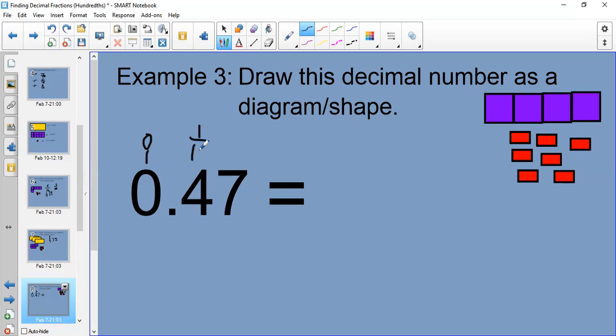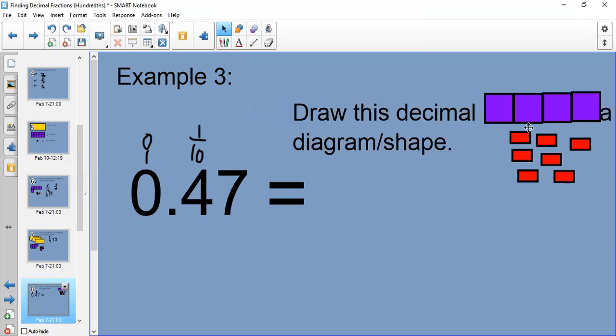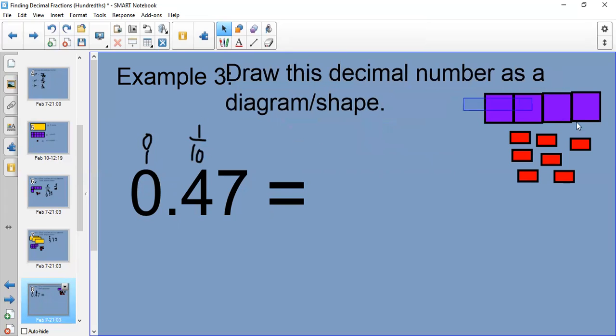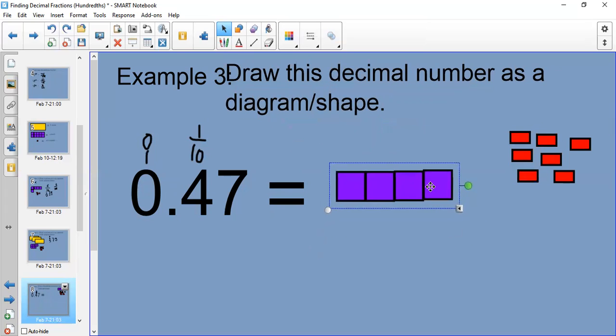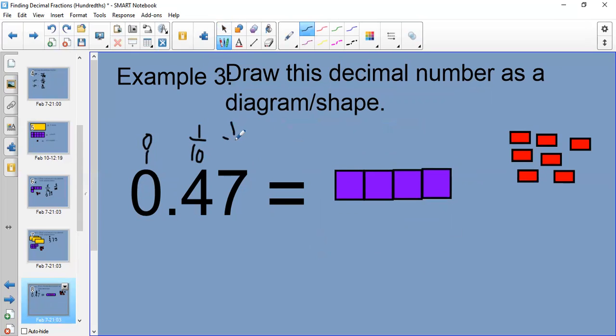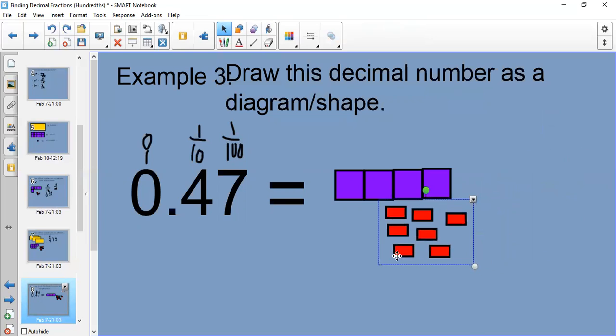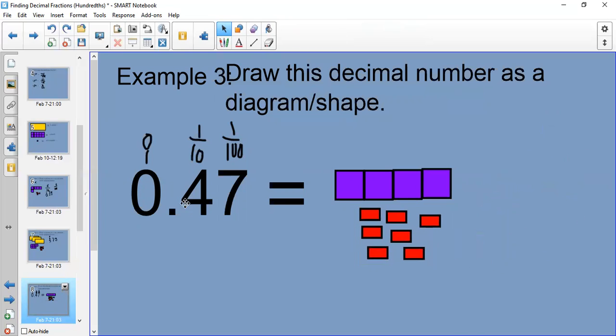I've got 4 tenths. So I need to draw 4 boxes. And thankfully, I have got them here. There is my 4 tenths. Now I look at my hundredths column and I've got 7 hundredths. So I'm going to have to draw 7 little hundredth boxes and I've got them here. So that is what 0.47 as a shape or a diagram looks like.